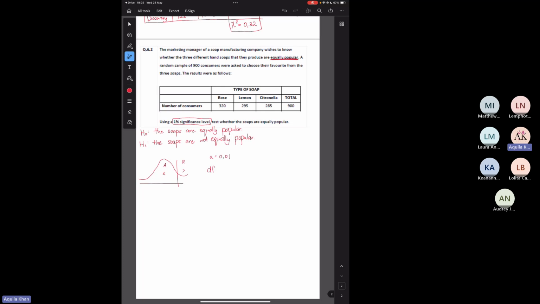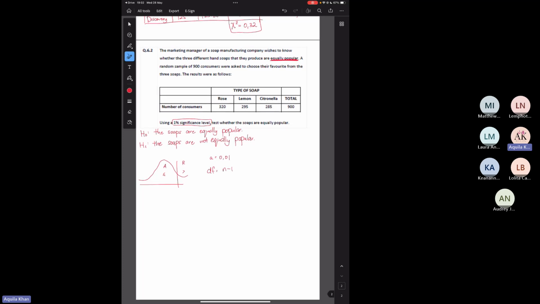And your degrees of freedom here, because it's not a two-way table, it's just n minus 1. And n here is just the number of categories. So there's three categories, rose, lemon, and citronella. So it's going to be 3 minus 1, and that is going to be 2.